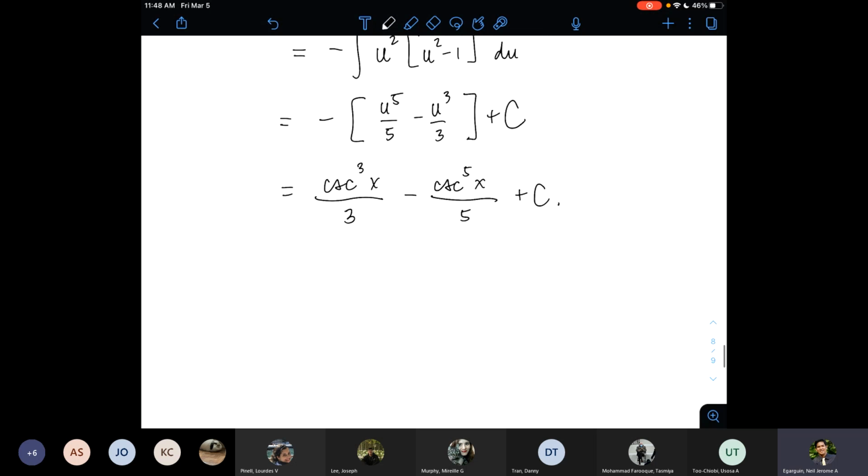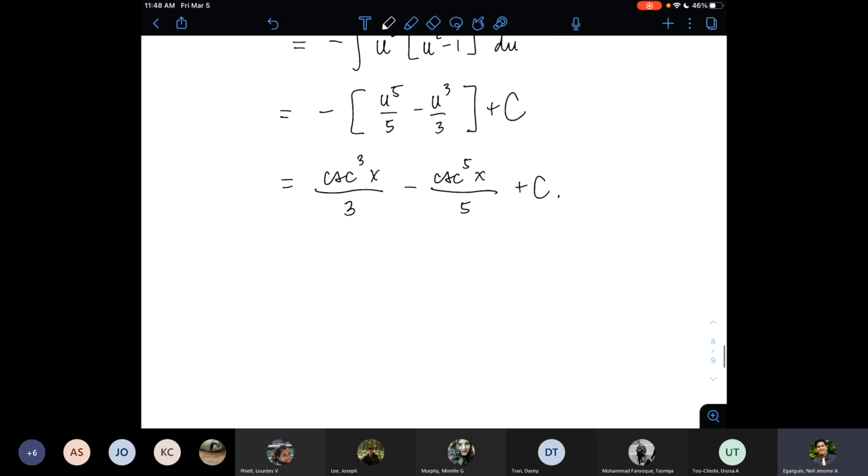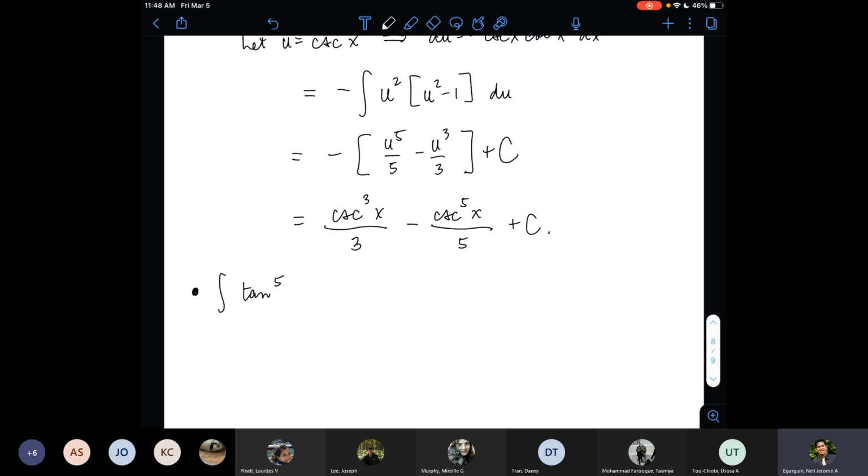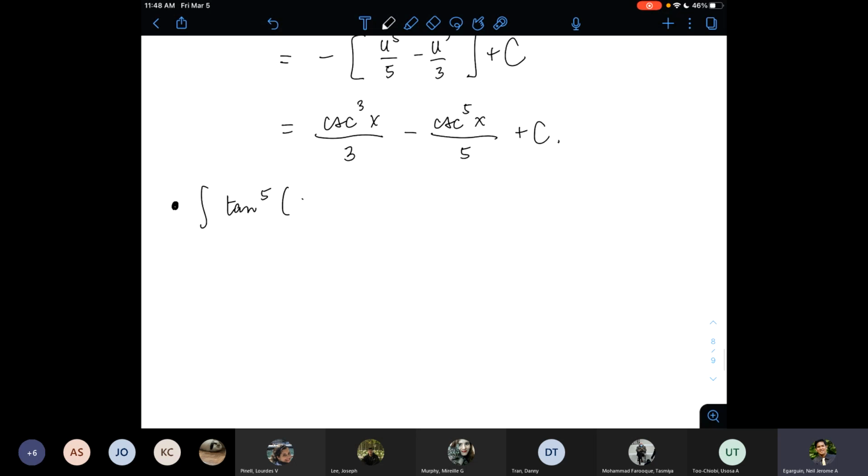Okay, now somebody asked me this from one of my CASA tutorials, and I think this is one that appears in your online quizzes. It's the integral of tangent to the 5th of 9x dx.